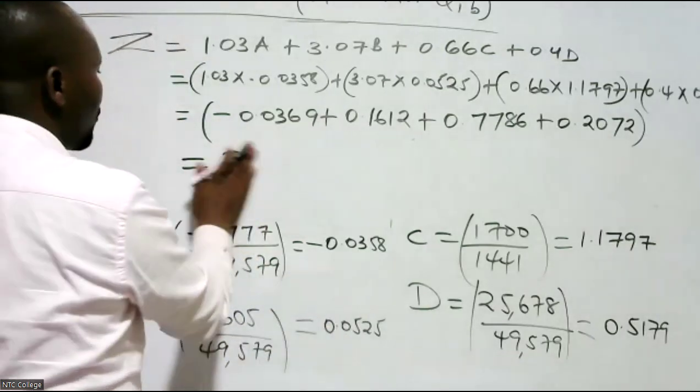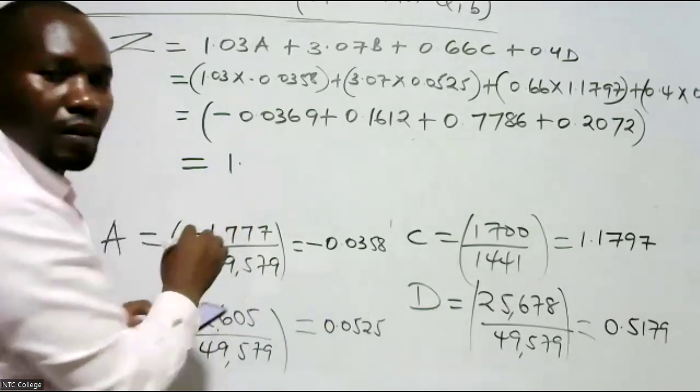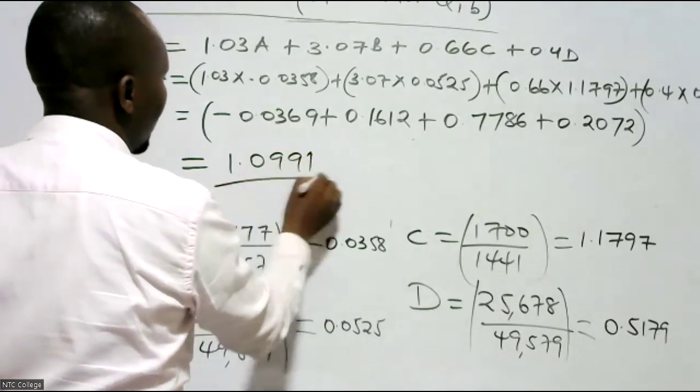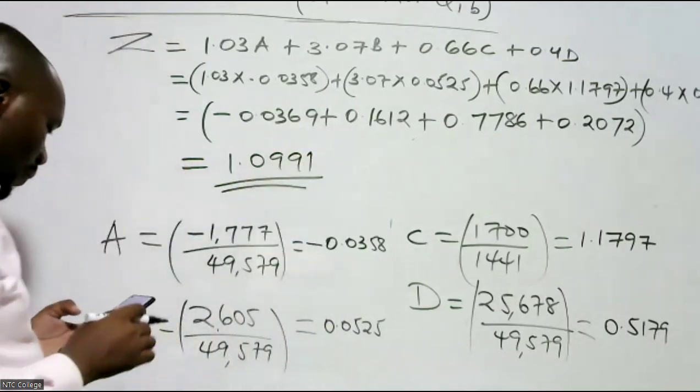You're getting Z score to be 1.0991. That is the value.